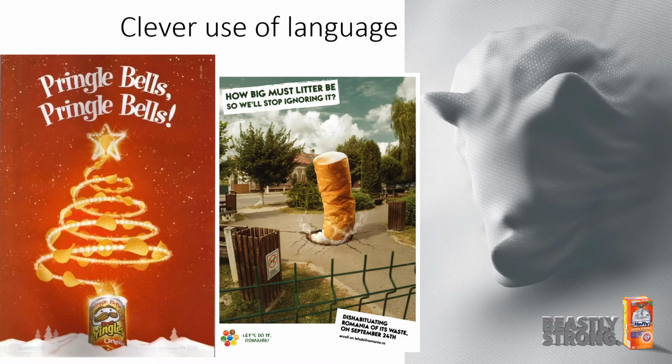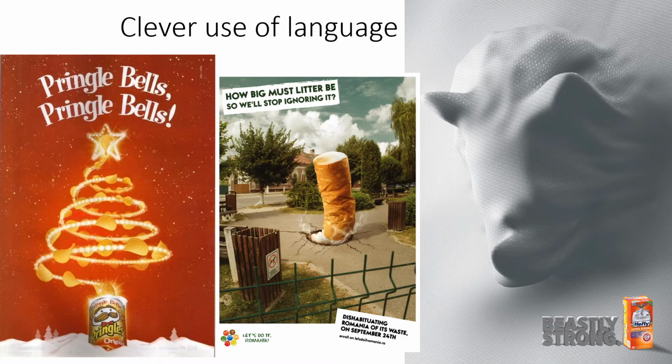Secondly, saying Pringle bells alludes to the song Jingle Bells, which is a Christmas song. This image is further expanded by the Pringles coming out of the can and looking like a Christmas tree. By doing this, the advertisers are suggesting that Pringles are the best snacks that you should include in your festive celebrations. Now let's look at the second ad.